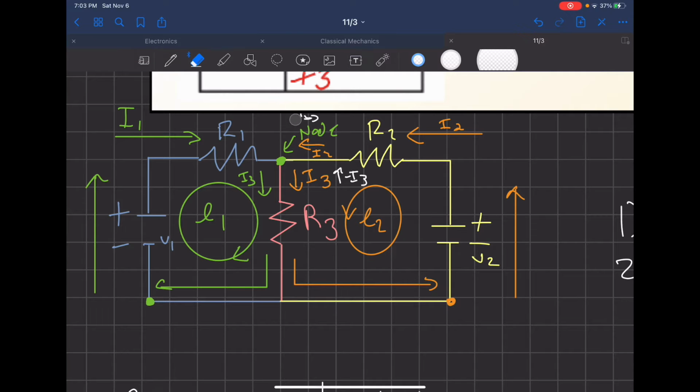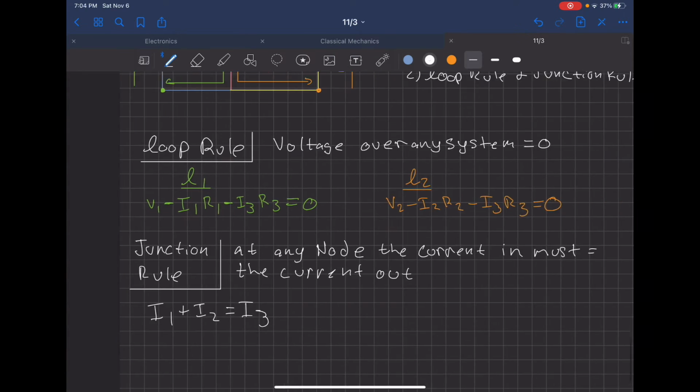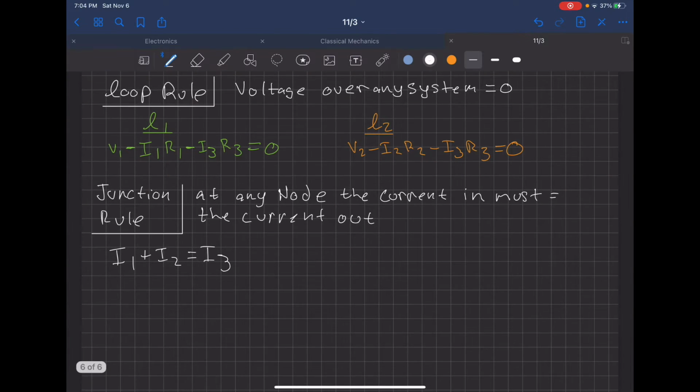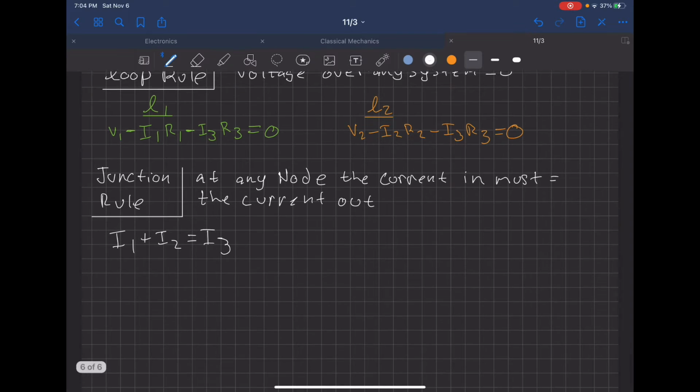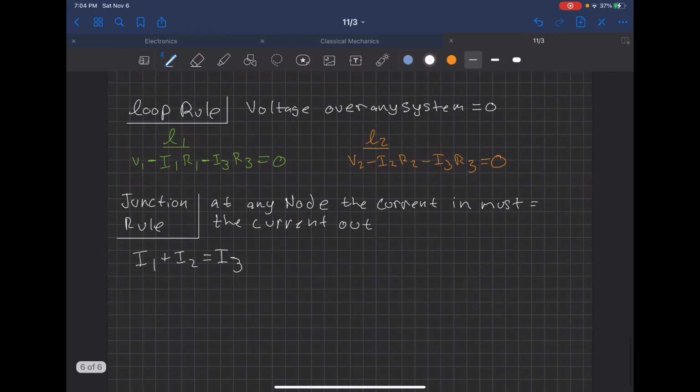And then if we write all that out, we get the setup I3 is equal to negative I2 minus I1. And then all of these can just become plus, and it's just the same statement. So, yeah. Fun.